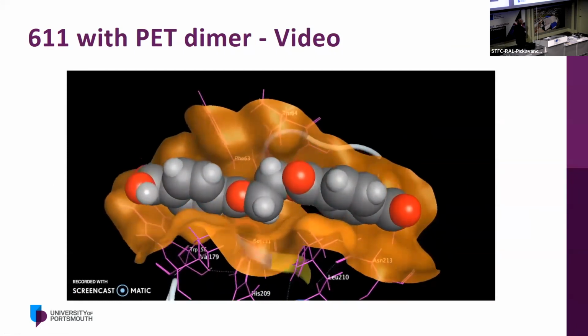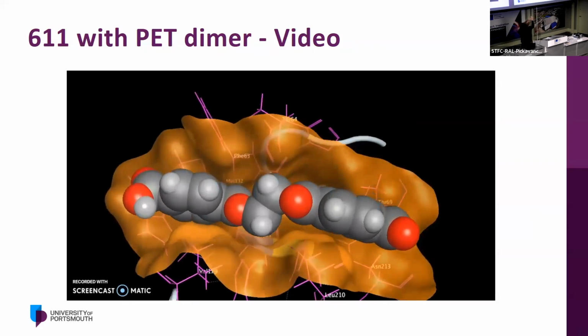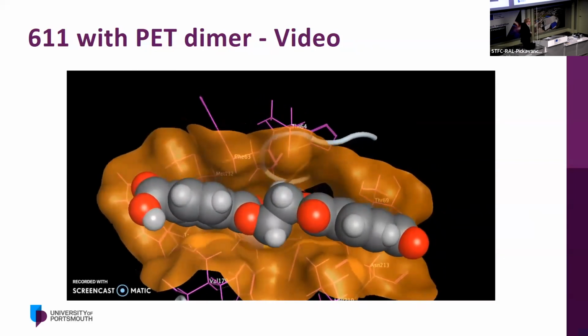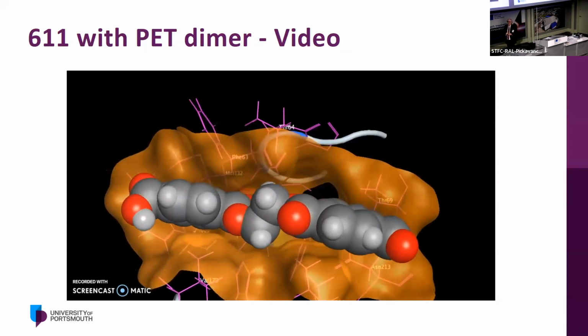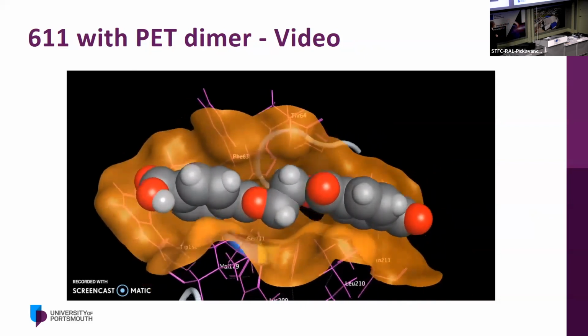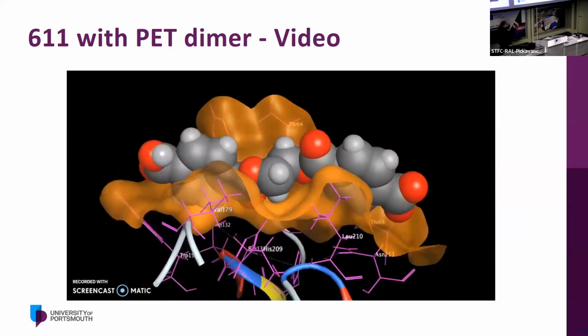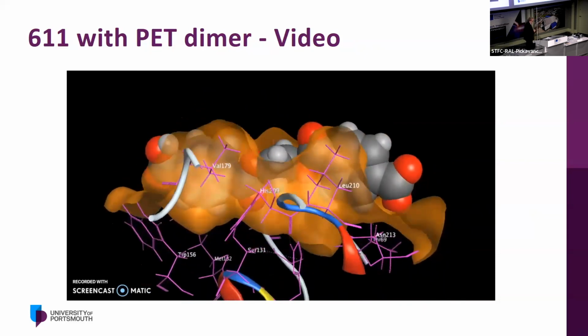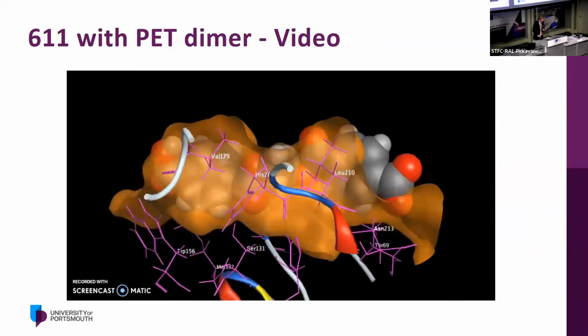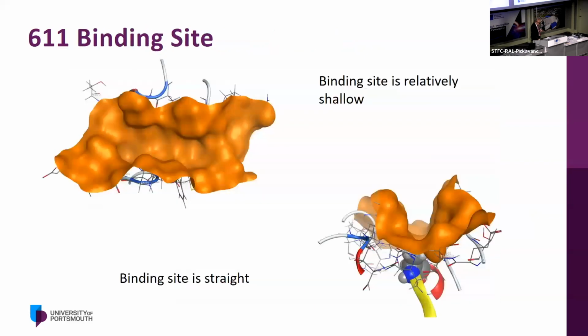When the polymer binds in there, if you look down from here, you can see that the arrangement of those benzene rings is very different. They are both aligned in the same direction. Looking at the binding site, particularly from this view, it is very straight, much straighter.